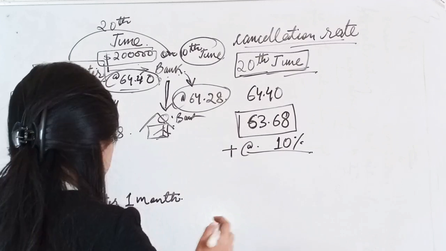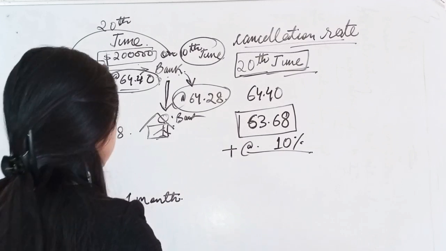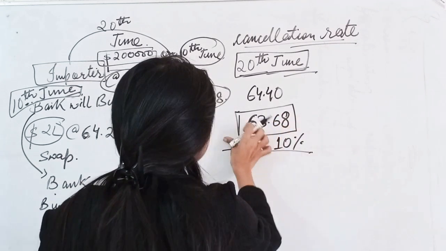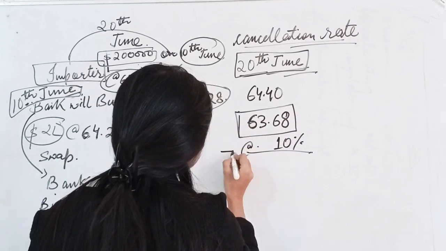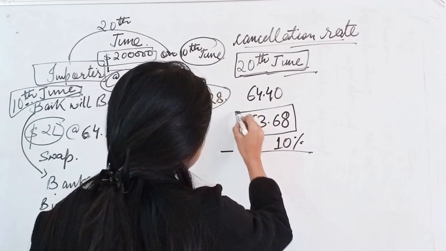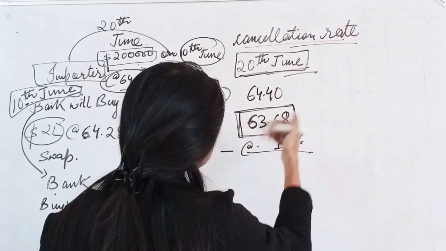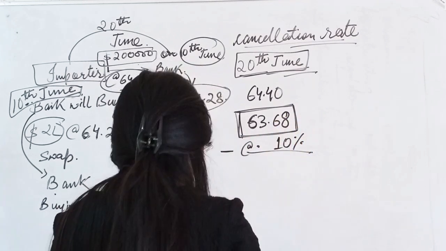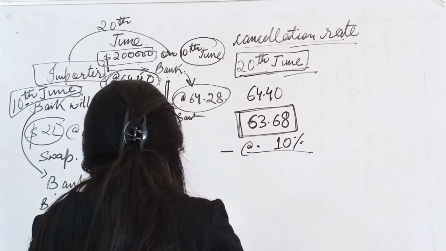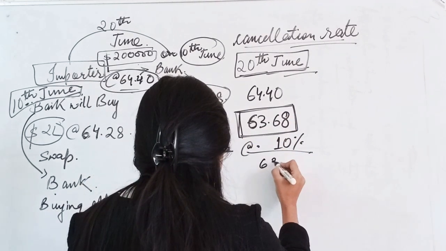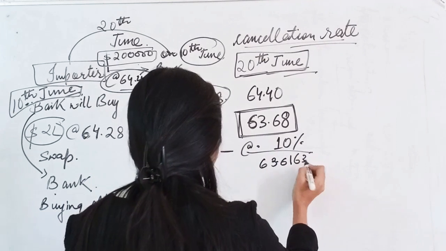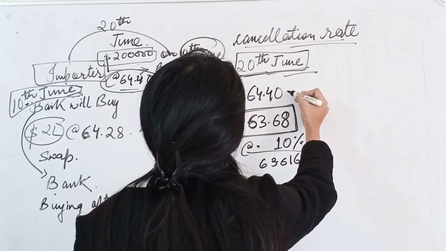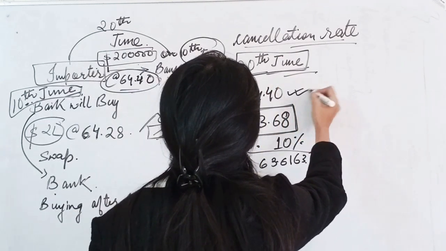Sorry, here the bank is going to purchase, so we have to deduct the exchange margin, because the bank gets the benefit here since it is purchasing. It will not add, it will deduct the exchange margin from the rate. So the rate will be 63.68 minus 0.1%, which is 63.6163.